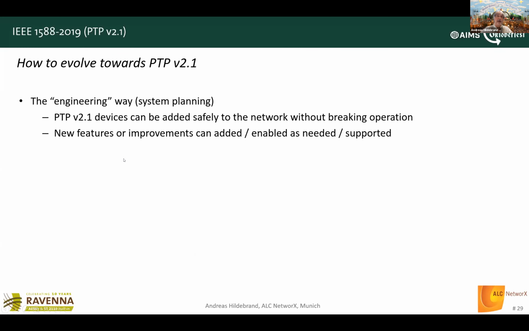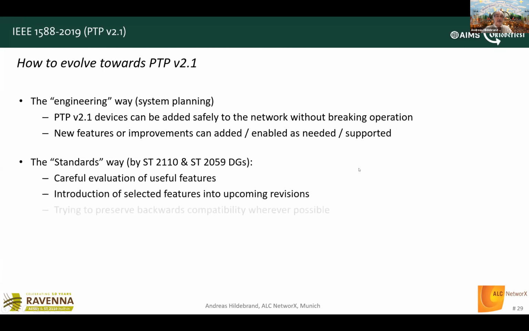Well, the engineering way: through system planning, PTP version 2.1 devices can at any time safely be added to the network without breaking the operation, and new features or improvements can be enabled as needed or supported. Of course, there's also the standards way of adding features through the 2110 and 2059 drafting groups by careful evaluation of very useful features, introducing them into upcoming revisions, but of course, trying to preserve backwards compatibility wherever possible.